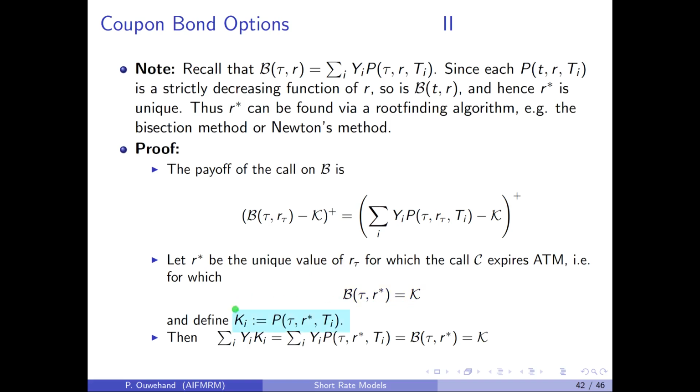And then define K_i as follows. Observe that the sum of the products of y_i with K_i is just equal to the sum of y_i times a zero coupon bond, and that is the value of the coupon bond at time tau, given that the short rate is R*, which by definition of R* is equal to K.